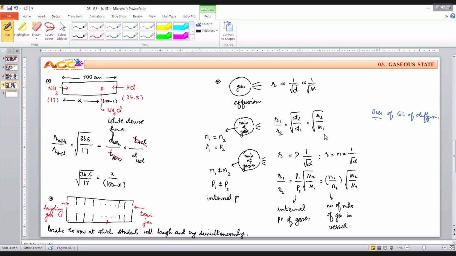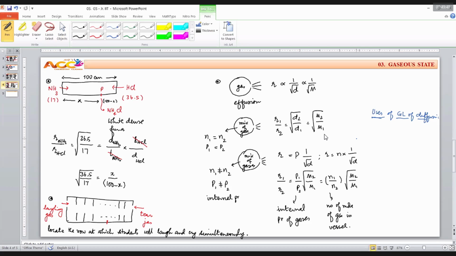At least now, in the case of Dalton's law of partial pressure, only two students were there to respond. Now, in the evening, try to sit at home and see what the uses are and write down all the uses, right? And tomorrow we'll discuss numerical problems based upon Graham's law of diffusion.